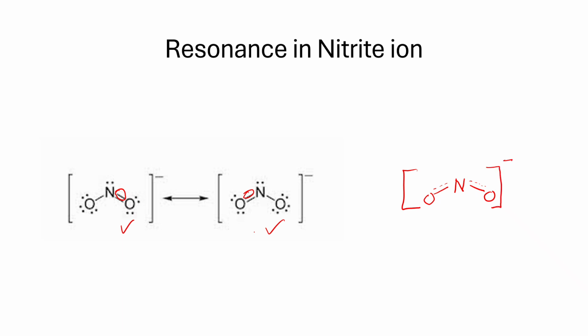So again, resonance is involved in this molecular ion, which leads to a partial double bond character. Resonance is nothing but pi electron delocalization, which leads to more stability, as the electron, instead of being concentrated between any two atoms, is spread over a larger area.